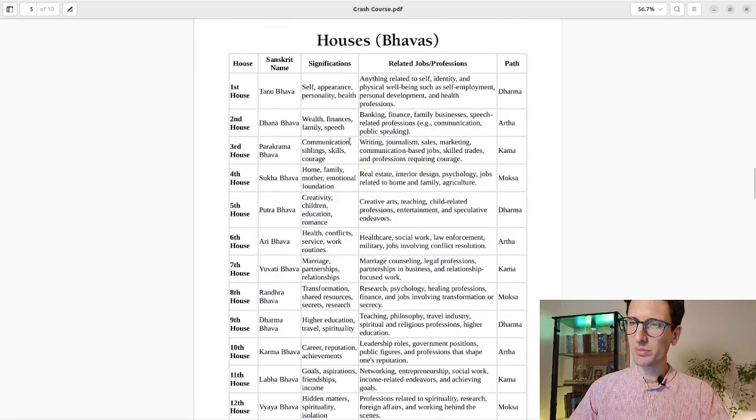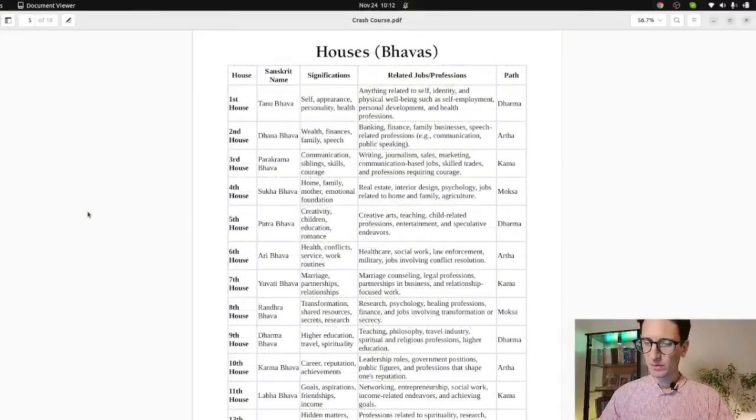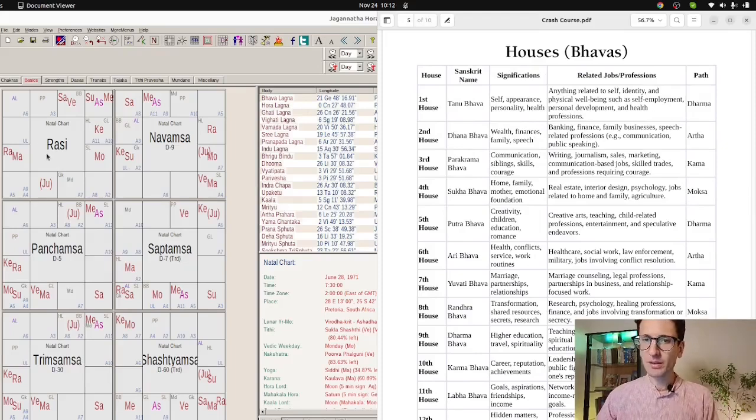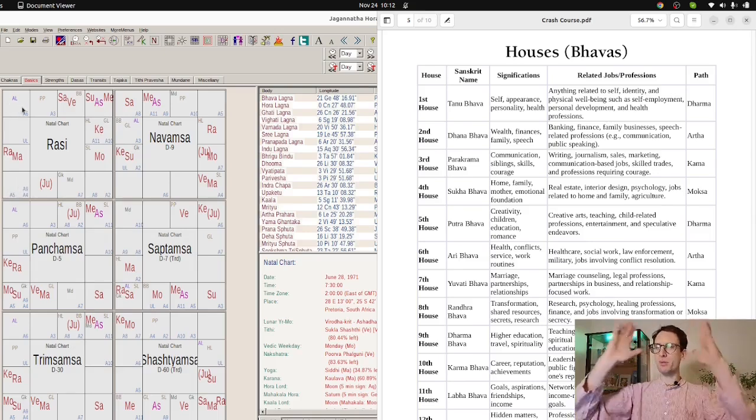And now let's talk about the signification of the houses, right? The first house is the house of the body, and then it's yourself, and then it kind of goes further and further away. If you go exactly opposite of the first house, it's the seventh house. And then if you go to the 10th house, this is the complete public.